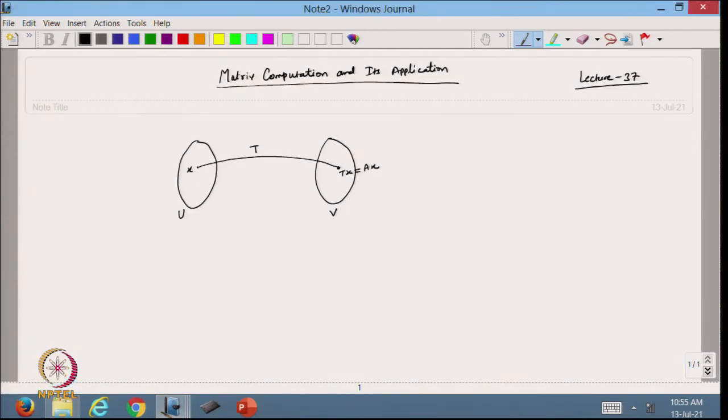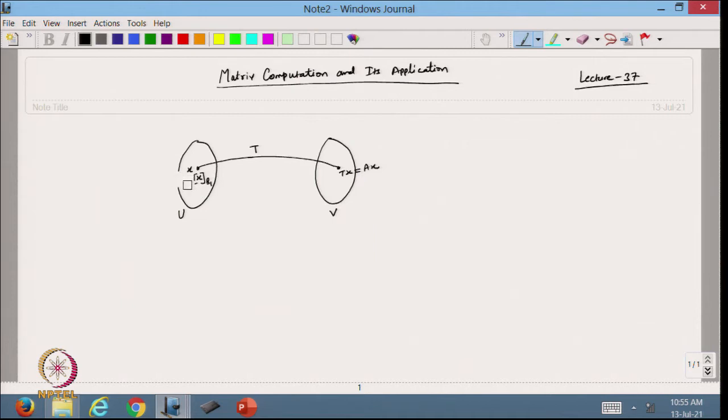Now, taking the same vector, I am writing it as new coordinates of this vector with respect to the basis B1. So the same element, but I am writing new coordinates of this vector x with respect to the basis B1, the new x.